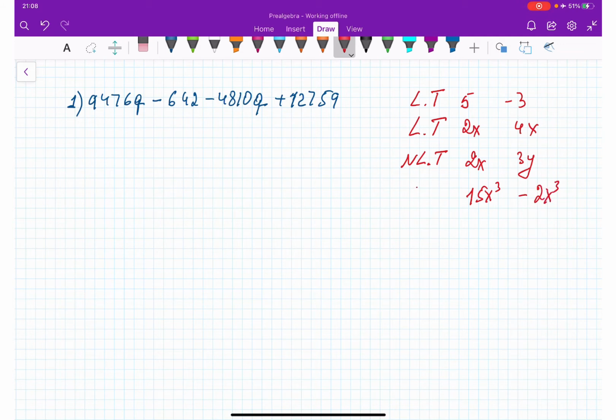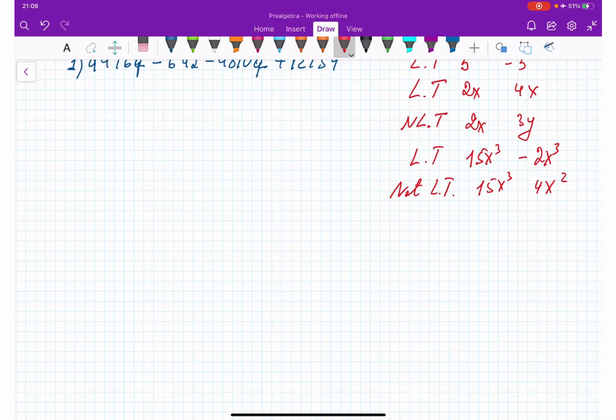This is going to be like terms. But if I have 15x cubed and, let's say, 4x squared, these are not like terms. So besides the variable, the degree also has to be the same.